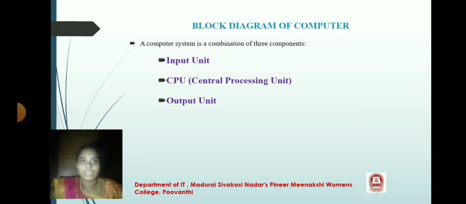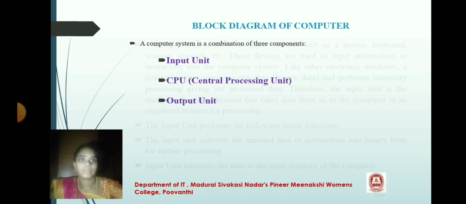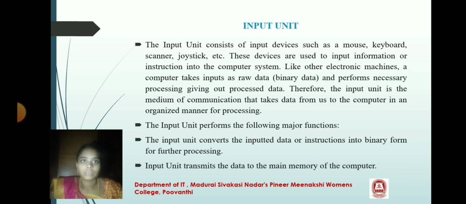A computer system is a combination of three components: input unit, central processing unit, and output unit. The input unit consists of input devices such as a mouse, keyboard, scanners, joystick, etc. These devices are used to input information or instructions into the computer system. Like other electronic machines, a computer takes input as raw data and performs the necessary processing, giving out processed data.